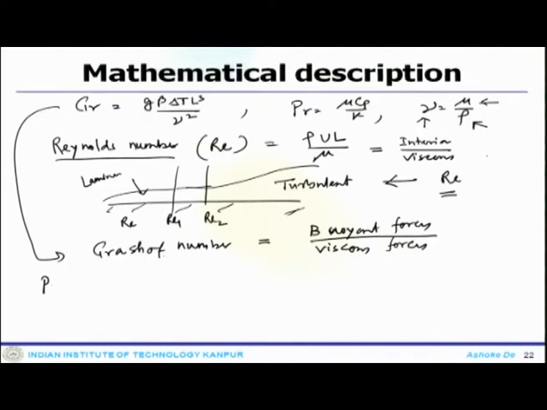Now, Prandtl number. Prandtl number is another non-dimensional number which is essentially the ratio between momentum diffusivity to thermal diffusivity.